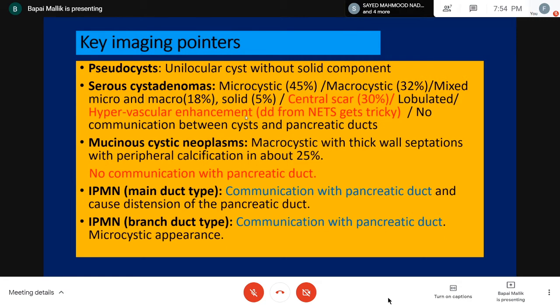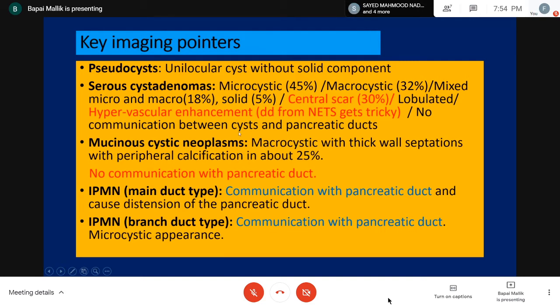You can come across situations where your gastroenterologist or your radiologist is going to tell you that it could be a serous cystadenoma, but I cannot exclude that it might be a cystic neuroendocrine tumor. In this lesion, there is no communication between cysts and the pancreatic duct.